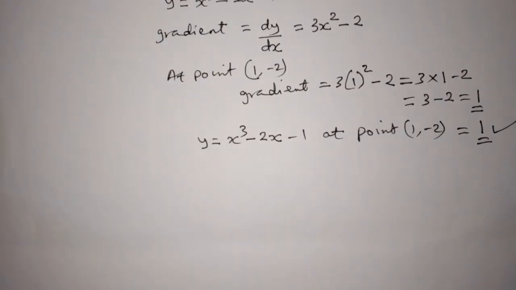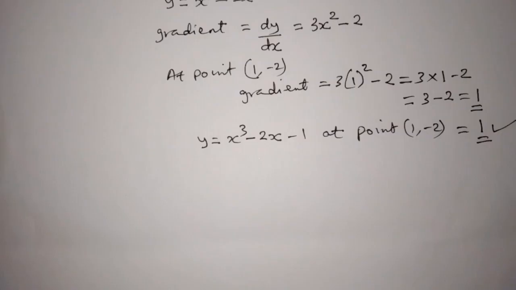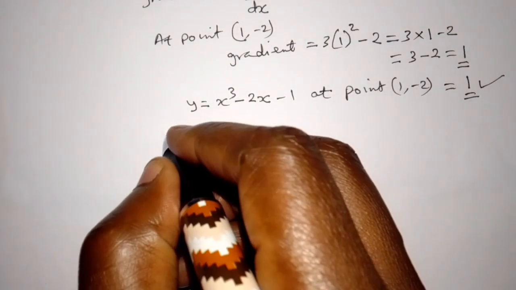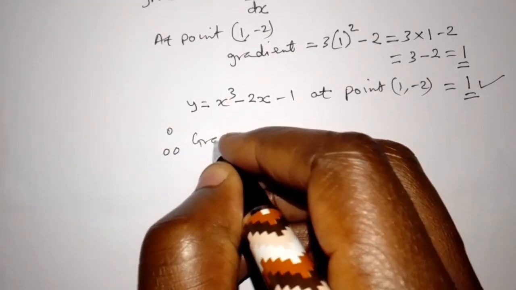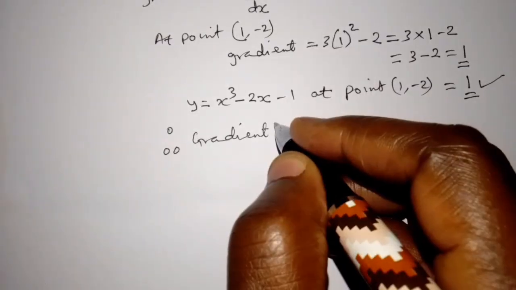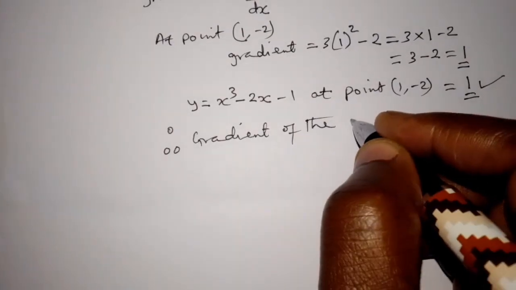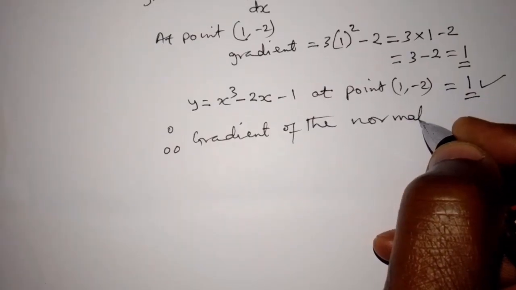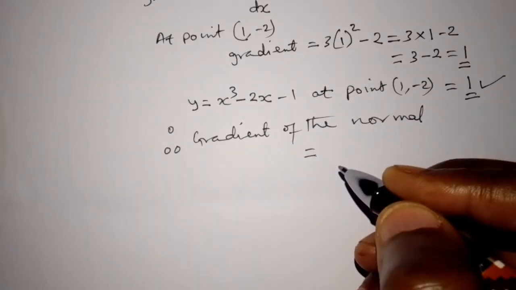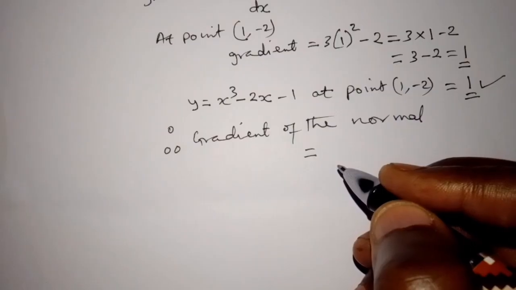Now, the gradient of the normal to the curve is given by the negative reciprocal of the gradient of the tangent. Therefore, the gradient of the normal is the negative reciprocal of the gradient of the tangent.